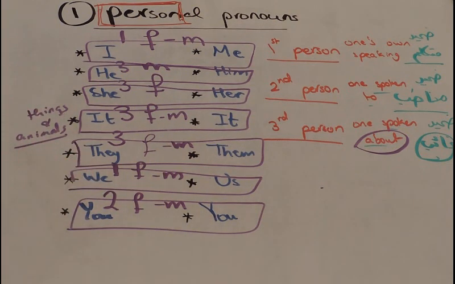Anyway, so now that I know the difference between those personal pronouns, I'm going to explain now how to differentiate between I and me, he and him, she and her, it and it, they and them, we and us, you and you.